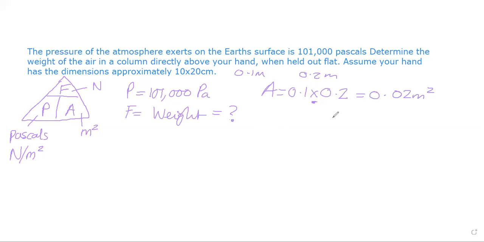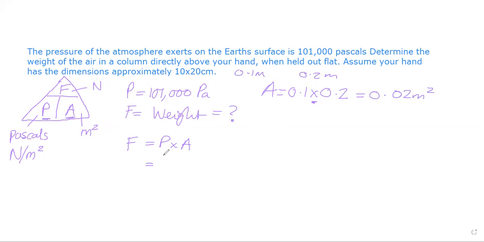Now that we have our values, we need to look at the triangle and formulate our equation. We are trying to find out the force, which is weight. So we make that the subject of our equation. So force will be equal to pascals times the area, because they're beside each other in the triangle, that is. So it's pascals times area. Pressure times area, more correctly.